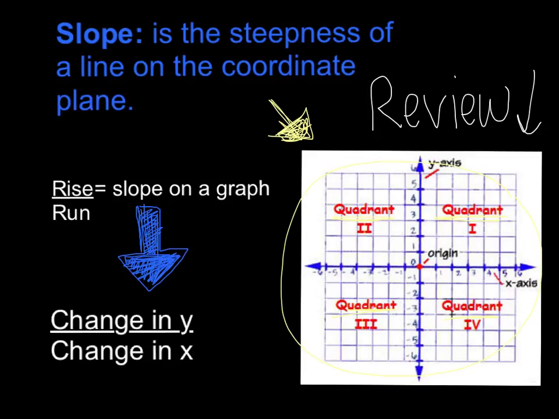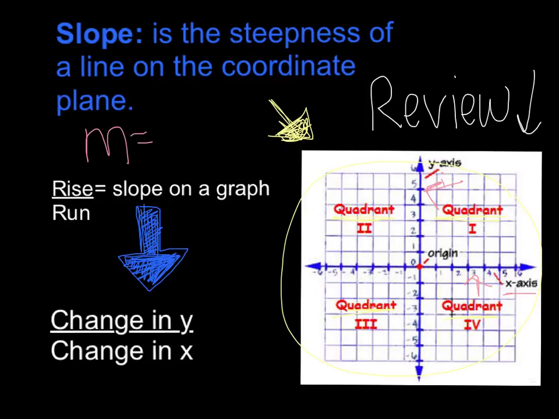Now, this is this axis right here. Your vertical axis is your y-axis, and your horizontal axis is your x-axis. You need to know this because whenever you go to graph slope, you'll be graphing it on a coordinate plane. Okay? Whenever you see slope in algebraic equations, it's going to be represented by the letter M. Okay?